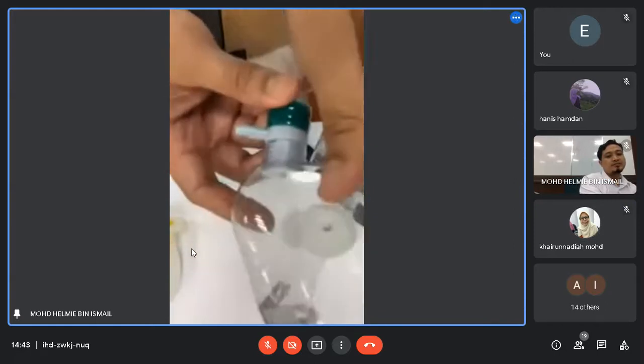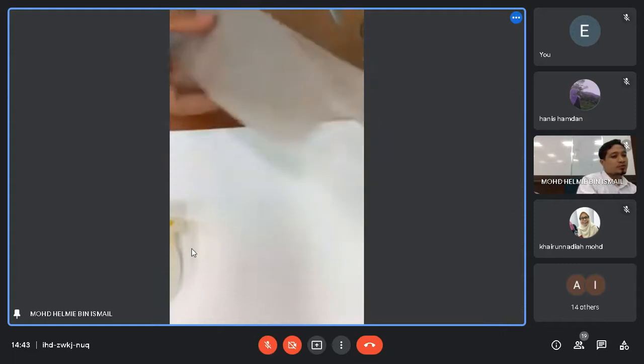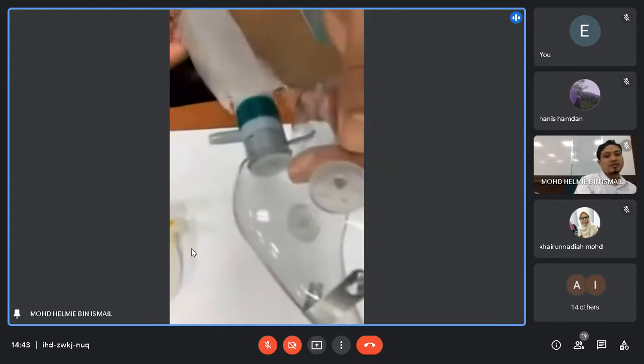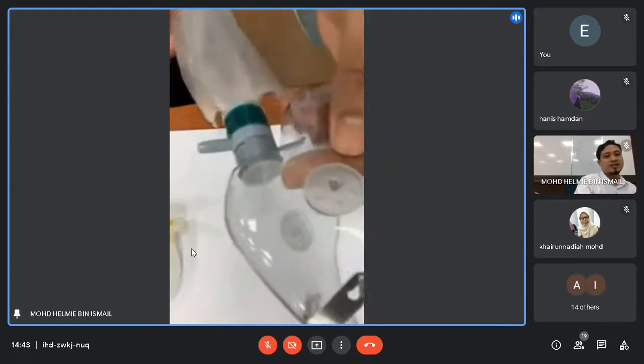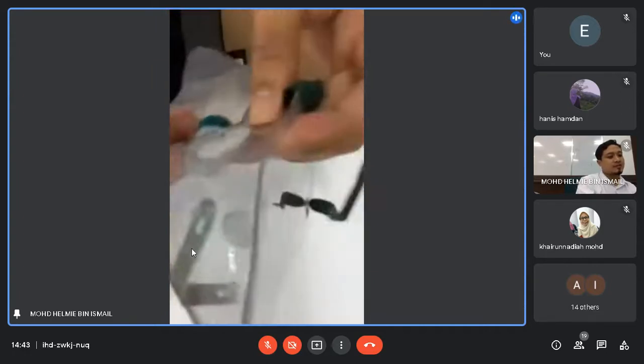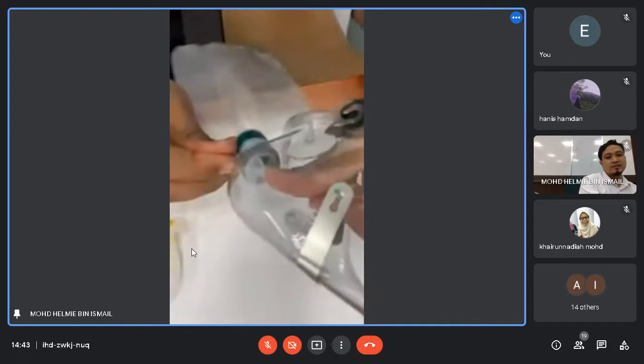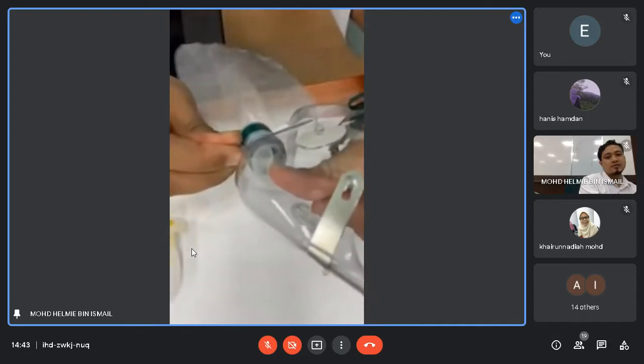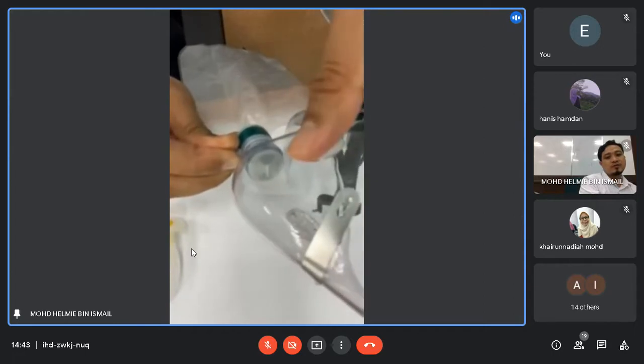So when you inhale, you will take all the oxygen from the bag. Alright? Because there is another valve here. I'll show you. Alright. One way valve. This one also one way valve.